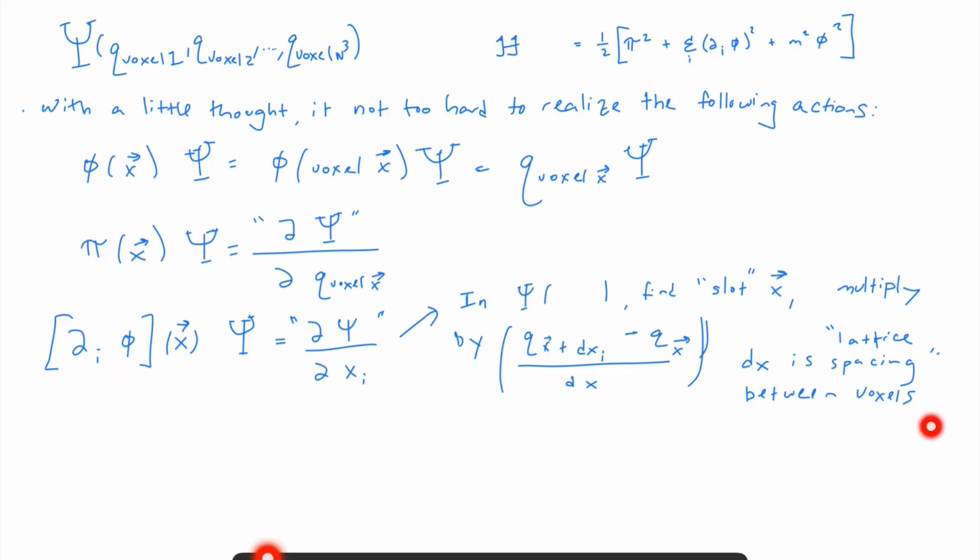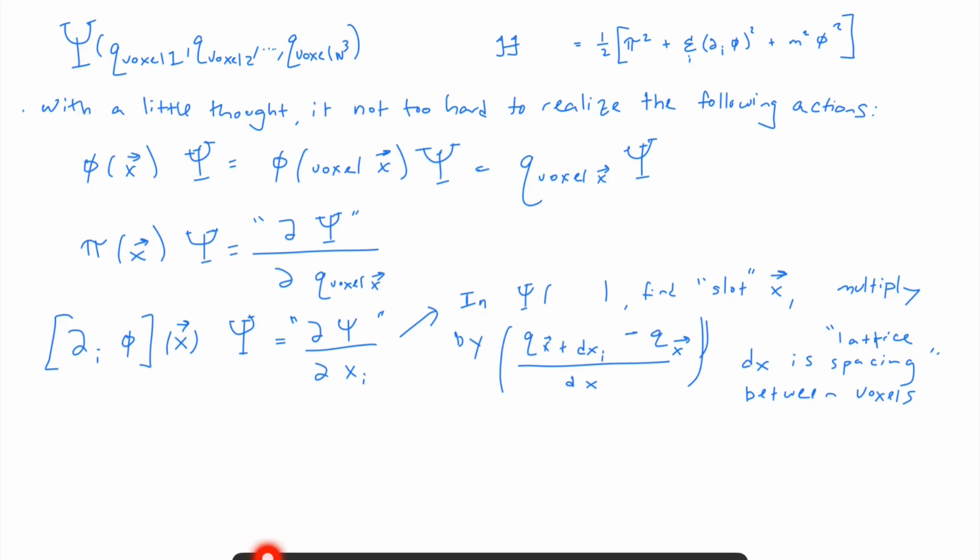Here I find two different basis vector elements that are, quote unquote, next to each other by voxels: if I start with voxel x, I look at its immediately adjacent voxel in the i direction, and I find the position vector of that minus the position vector of this one, divided by the voxel spacing dx. I wouldn't worry too much about this, but you can take your time and look at it, and I think this is right how I put it in there.